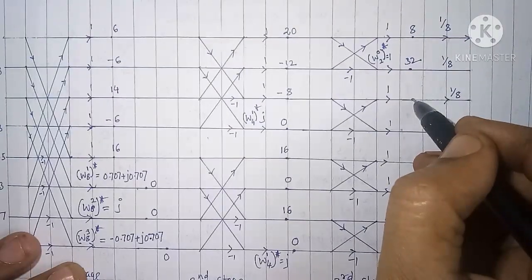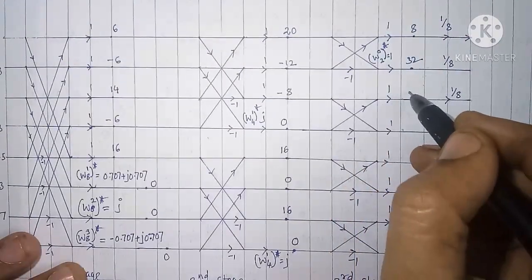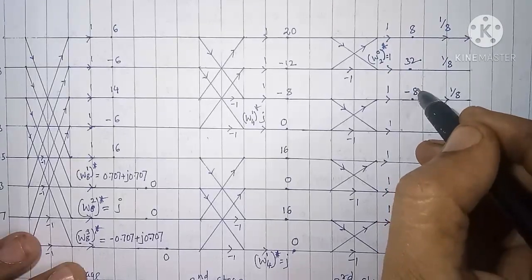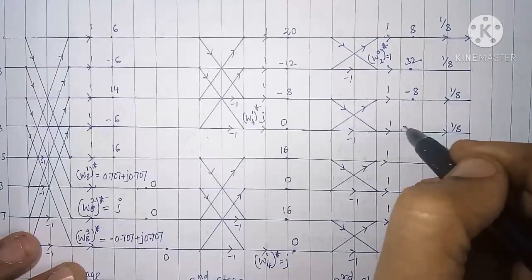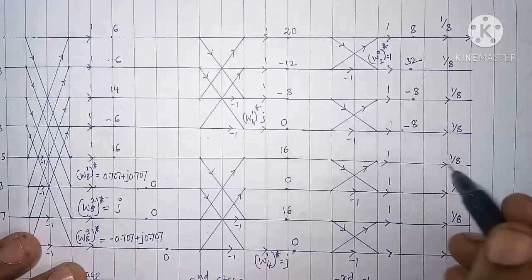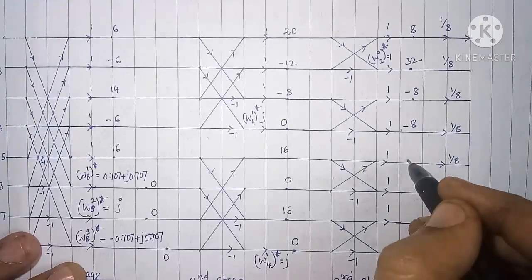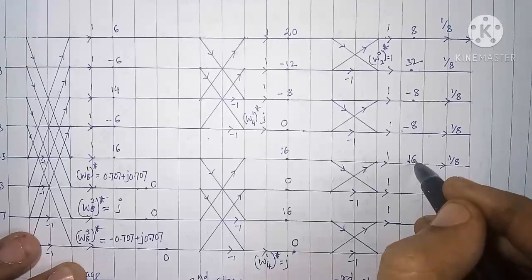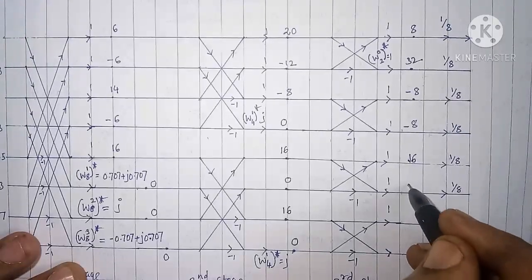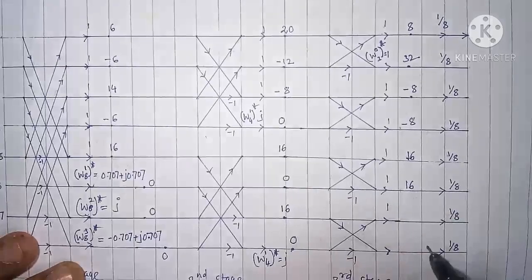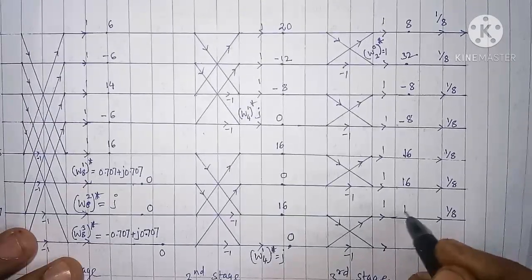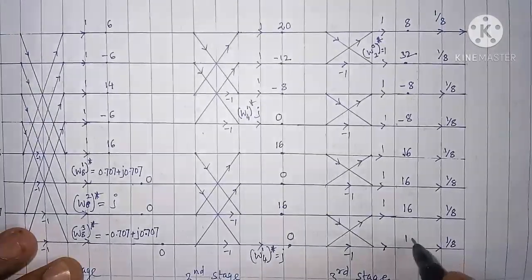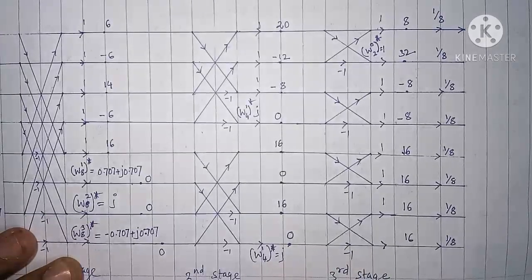At this point minus 8. Here also minus 8. Here 16. Here also 16. 16 and 16.